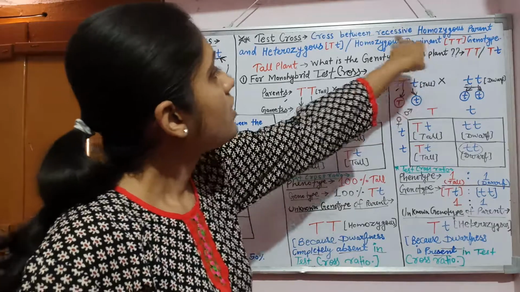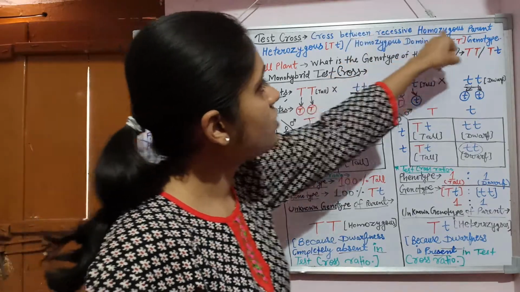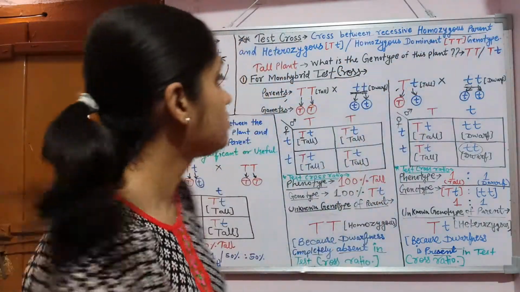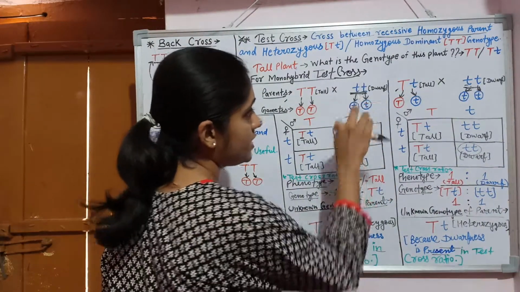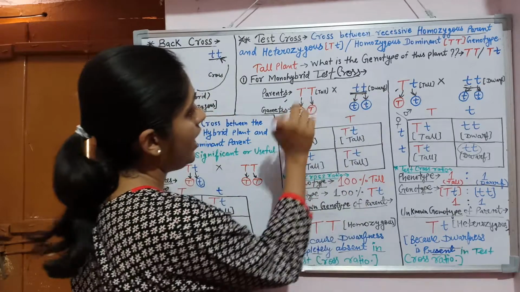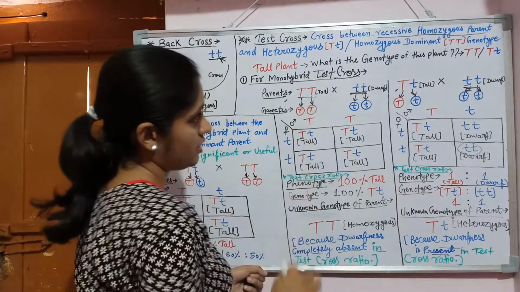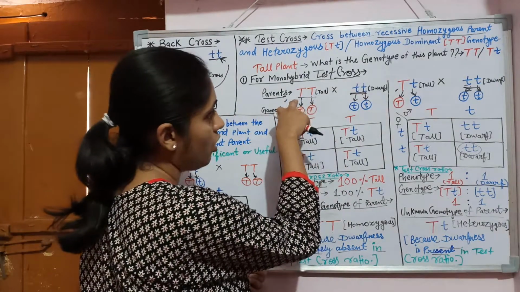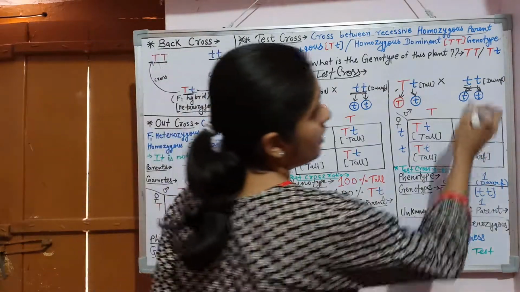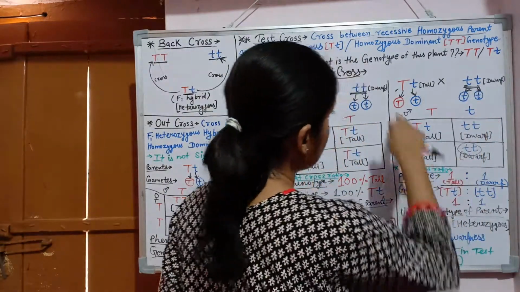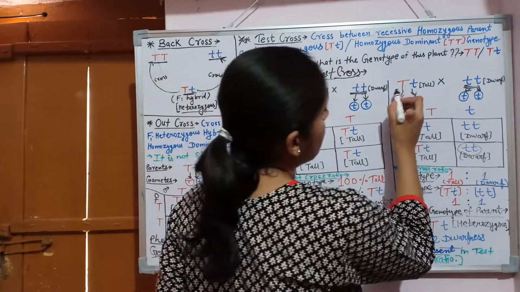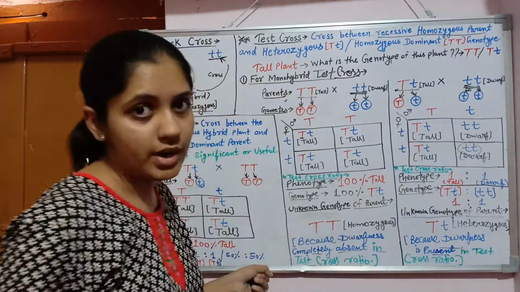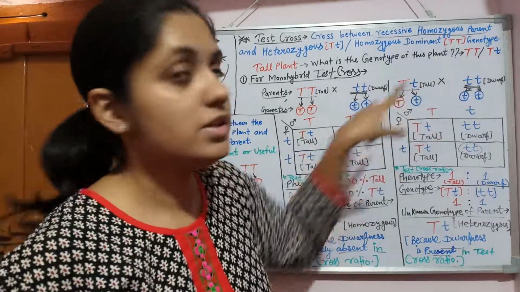So the recessive homozygous parent is fixed for the test cross. If we do the cross between this recessive homozygous parent and the dominant homozygous parent, and the second cross, the recessive homozygous parent and the heterozygous F1 hybrid, both are known as the test cross.